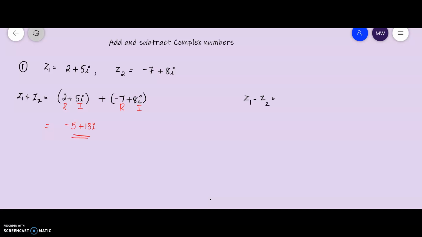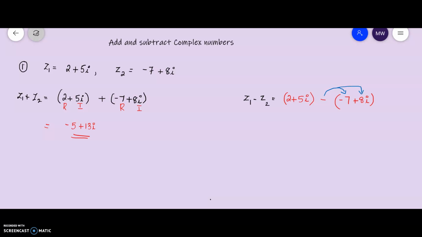Very simple. And how do you do z1 minus z2? We have 2 plus 5i as your first complex number, minus negative 7 plus 8i as our z2. The only difference between addition and subtraction is that for subtraction, we distribute the negative sign into the parentheses that come after it.